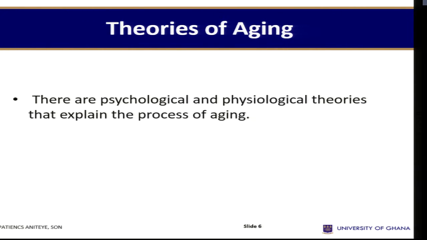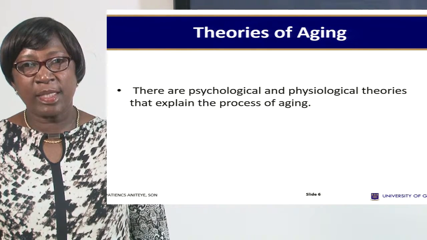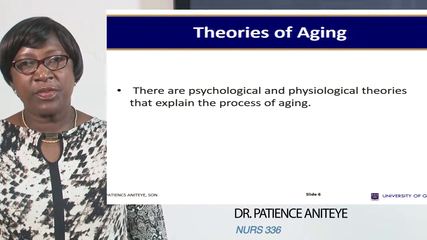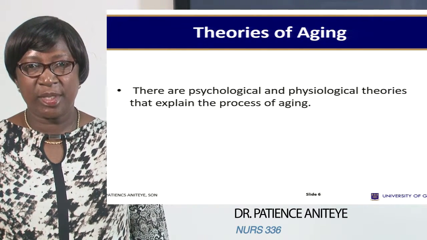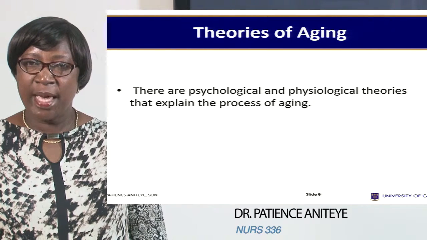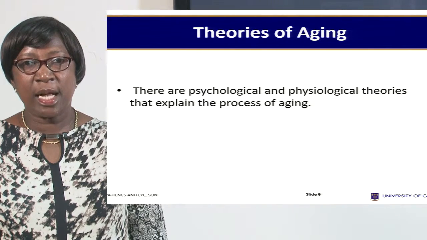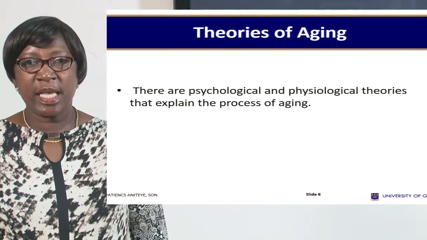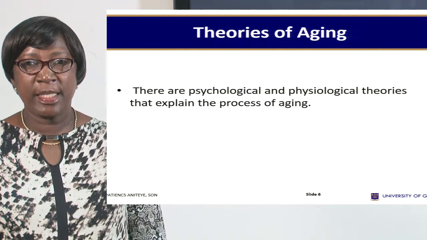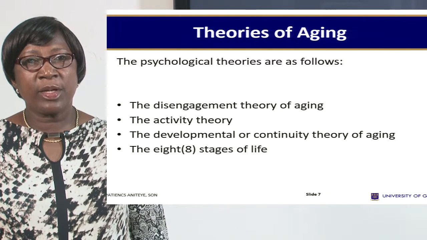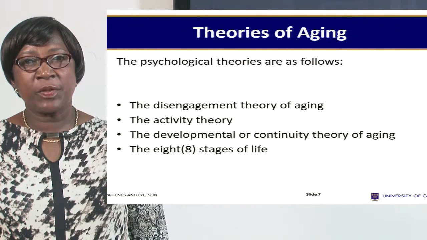Theories of aging. There are psychological and physiological theories that explain the process of aging. Bear in mind that we have psychological and physiological theories, all of which explain the process of aging. The psychological theories are as follows.